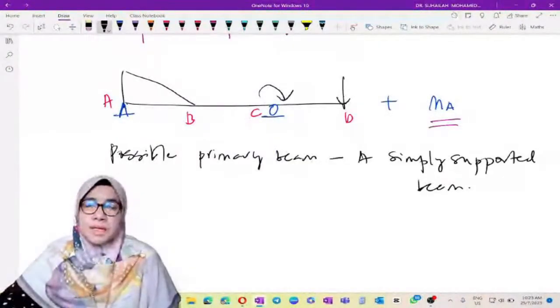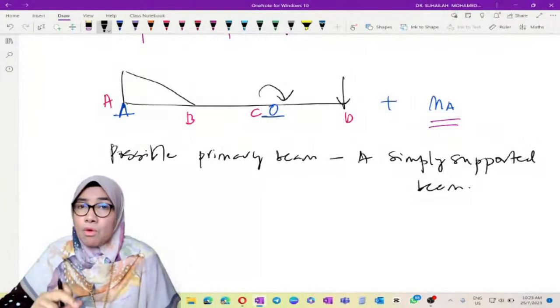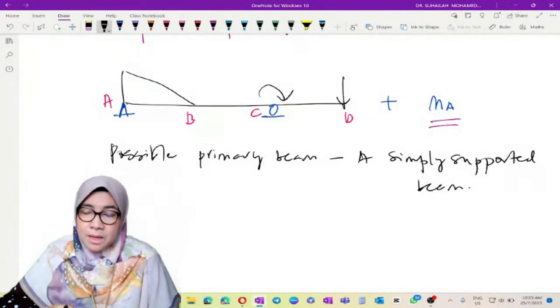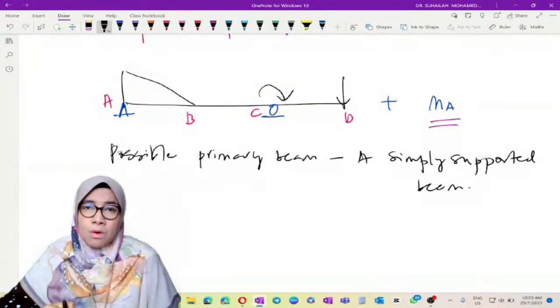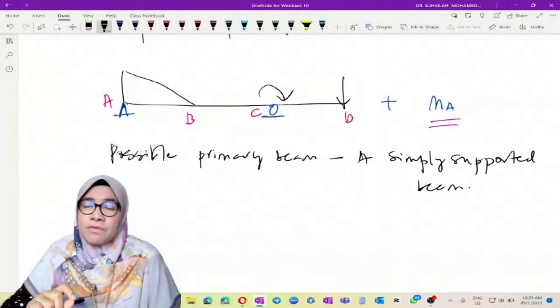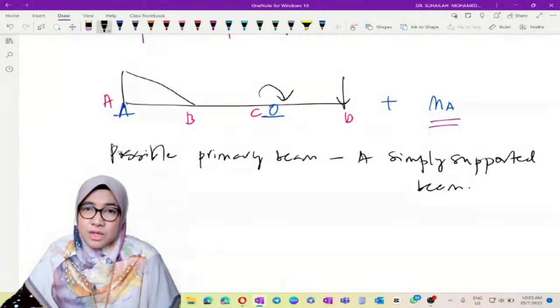Okay, so the redundant occurs at position A, and since the moment is the redundant, it means that the displacement is the rotation at A, or rotational displacement. Moment, the pair of the moment is rotation. The pair of CY is delta, vertical displacement. Pair of MA is rotation.